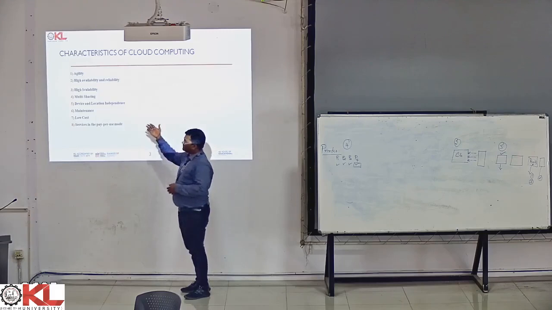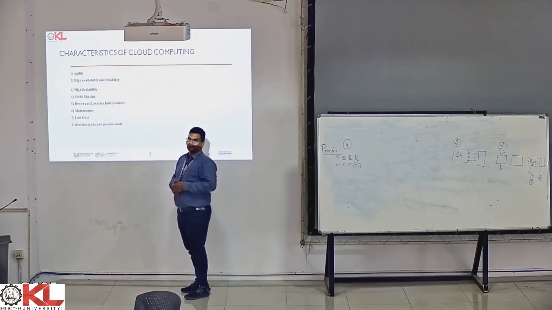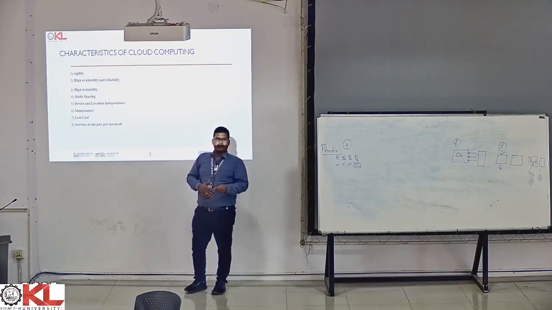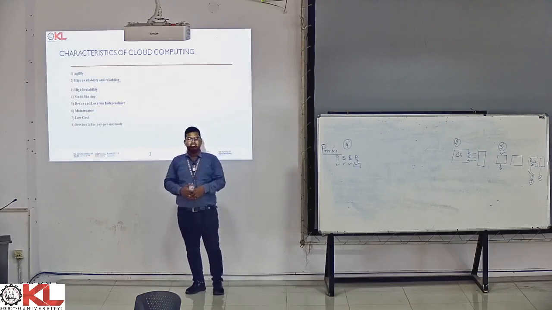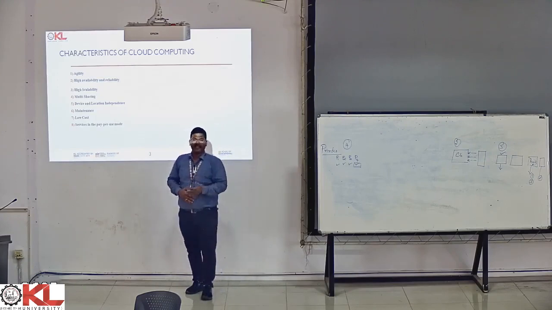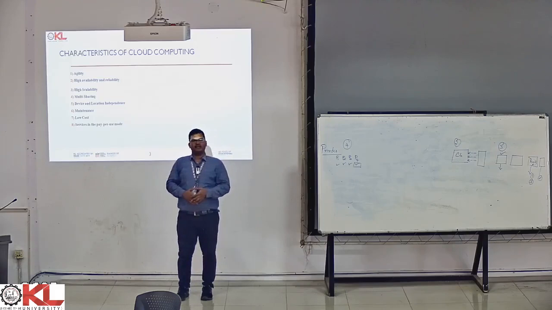There should be high scalability, where it can scale up as well as scale down, depending on the need of the customer. For example, you are using cloud services, following the terms and conditions offered by the cloud provider, like in the form of an SLA, service level agreement.